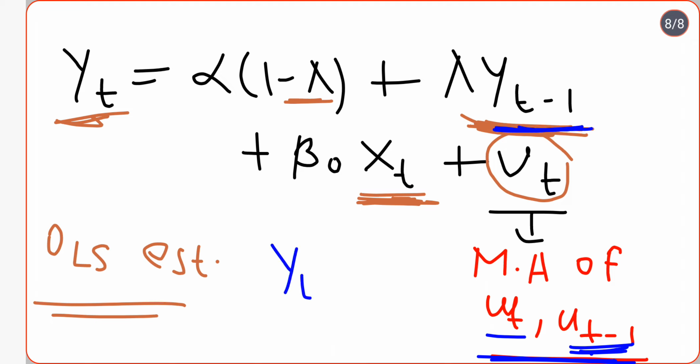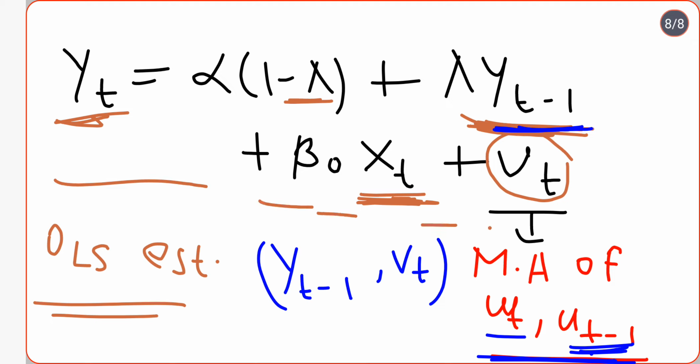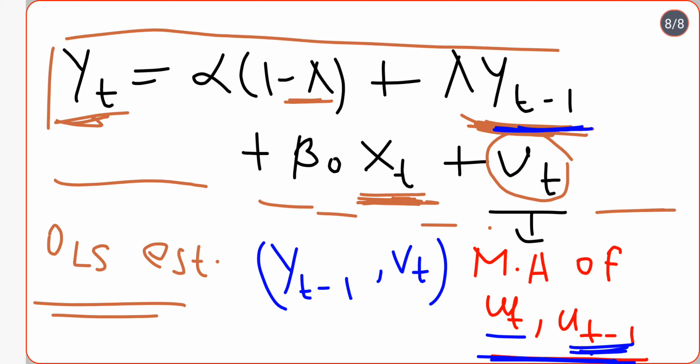So the error term vt and yt minus 1 are correlated. So if we try to apply OLS estimation in this particular case, then there will be problems in calculating it, and there will be a bias that will arise. Okay, so that's how we apply Koyck transformation to a model. This is the equation for estimating the model.